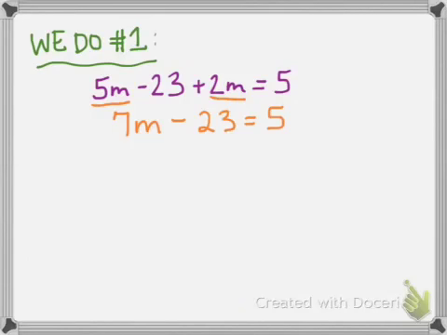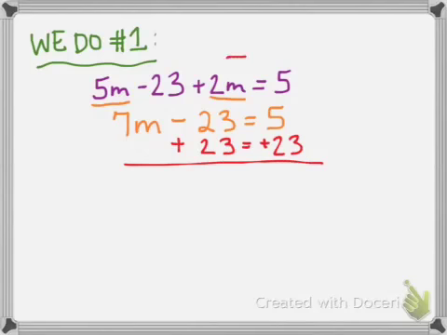So after combining like terms, I have to get rid of my constant by either adding or subtracting. My constant here is this minus 23. I know the inverse of subtracting 23 is adding 23, so I'll add 23 to both sides. And by both sides, I mean to the left of my equal sign, and also to the right of my equal sign.